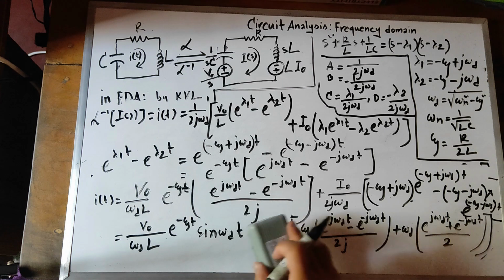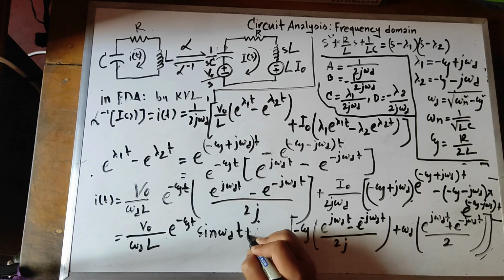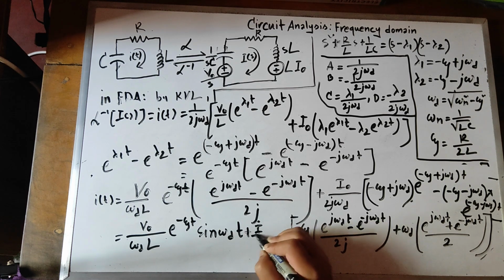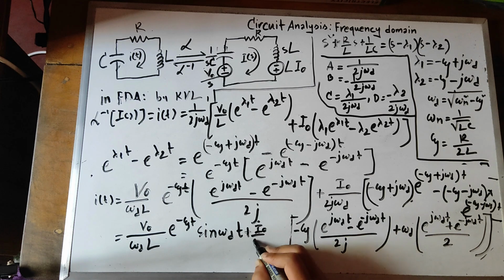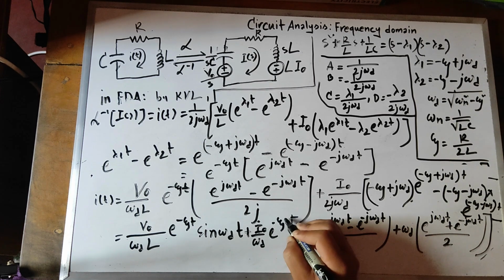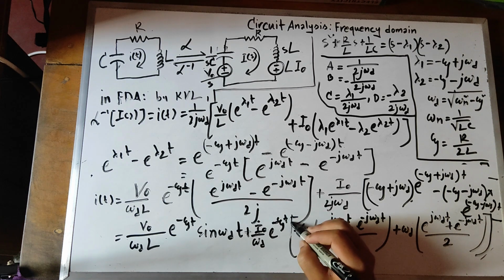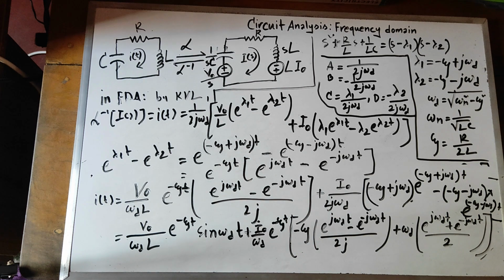I'm going to write this here. Plus i initial current, omega d. We have taken this exponential term out of the bracket, so this is the exponential damping factor only.